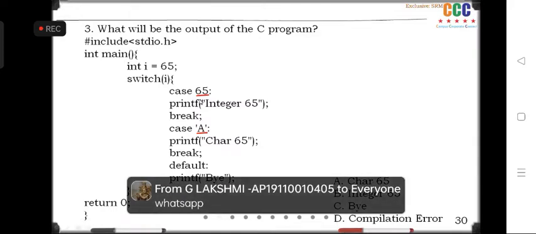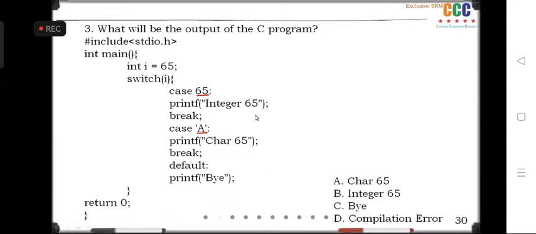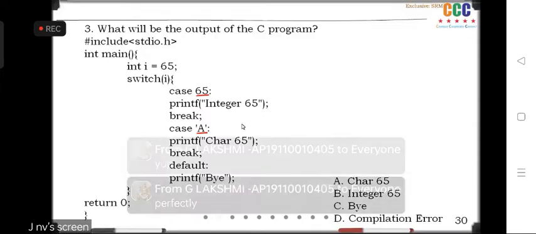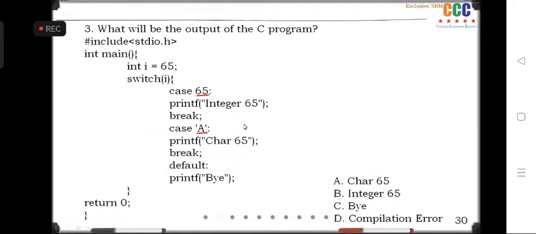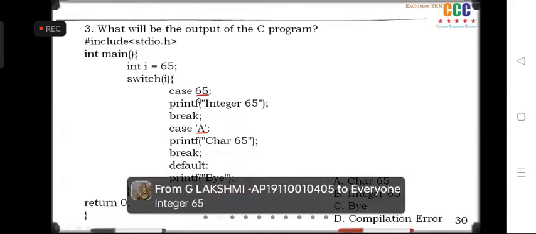In that case, T for Telegram, F for Facebook. Yeah, write the answer. Okay, so what is the answer here? It is absolutely fine. I can have one case constant as integer and one case constant as character. Doesn't matter. So the answer is compilation error.